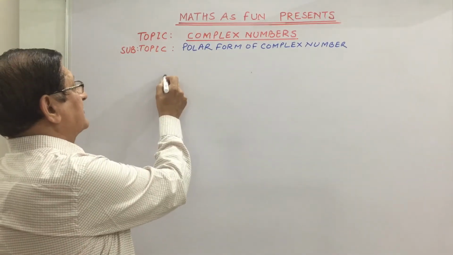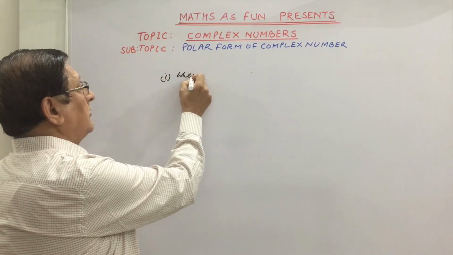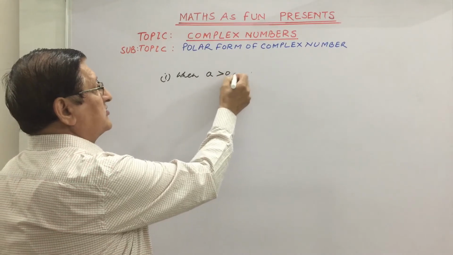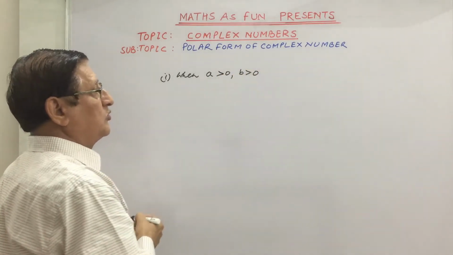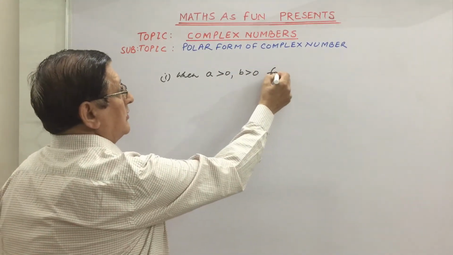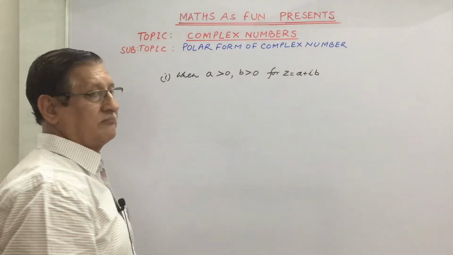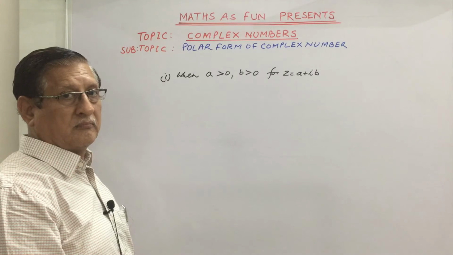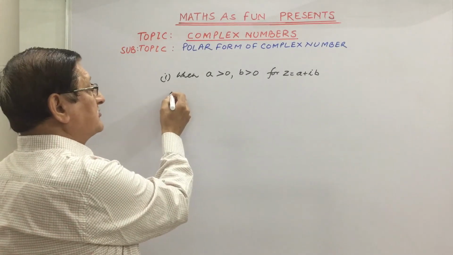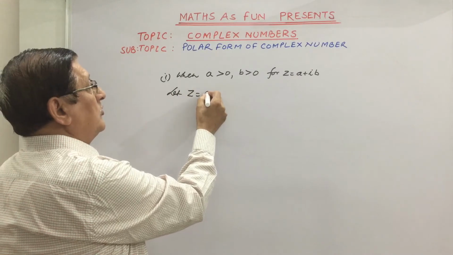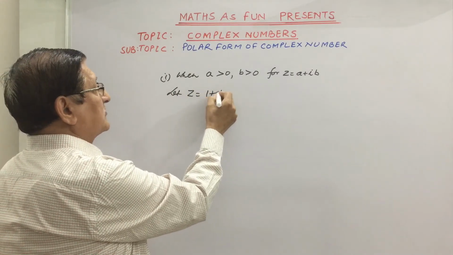Let's take the first case, when a is greater than 0 and b is also greater than 0 for any z, a plus iota b. We take one example on this. Suppose you have been given z is equal to 1 plus root 3 iota.